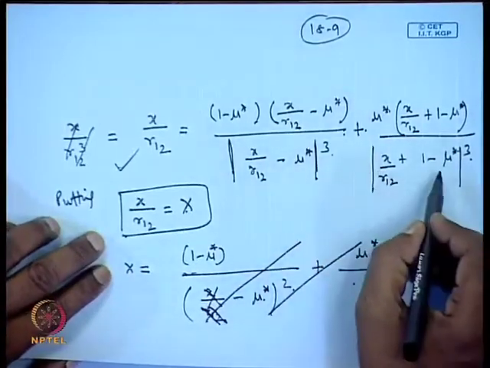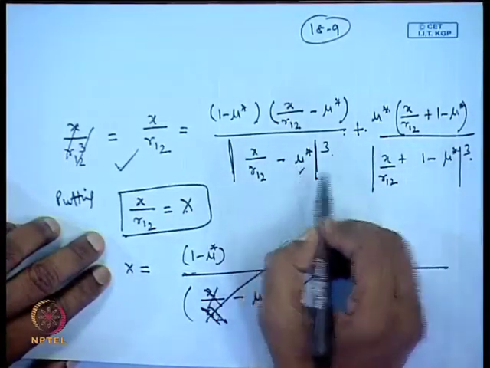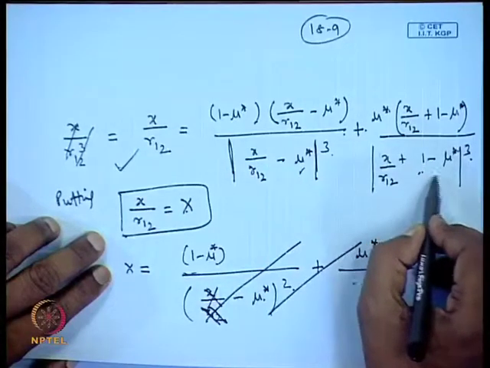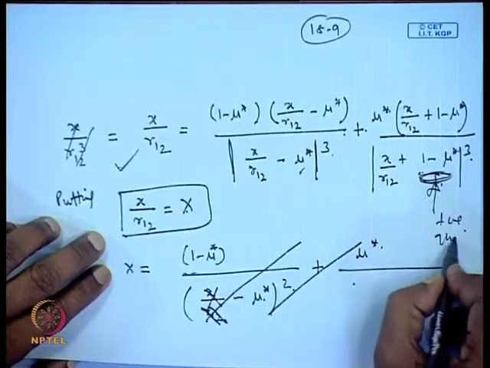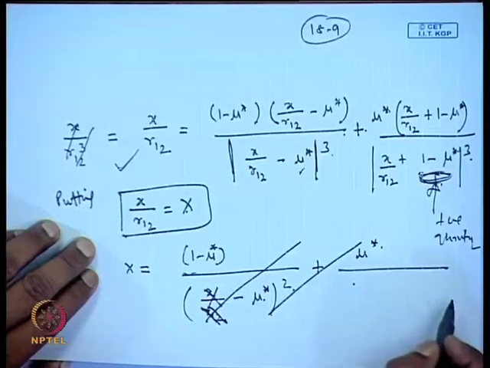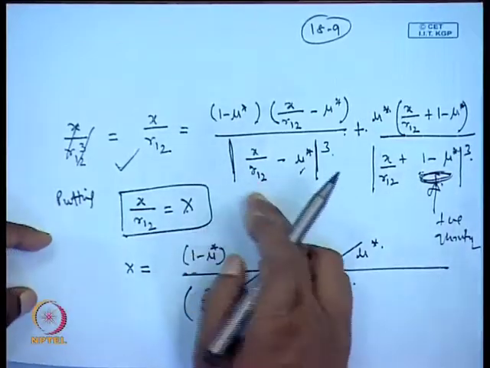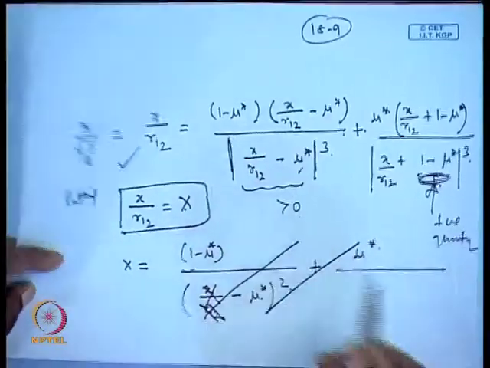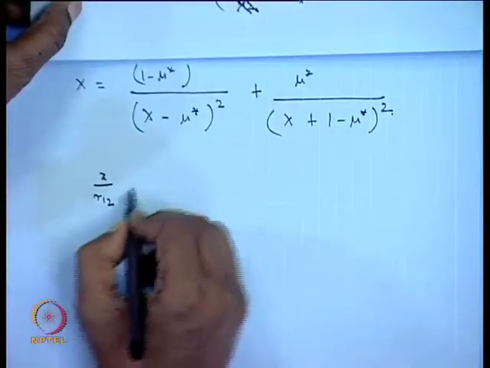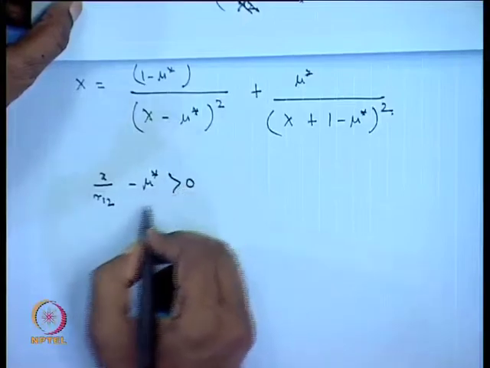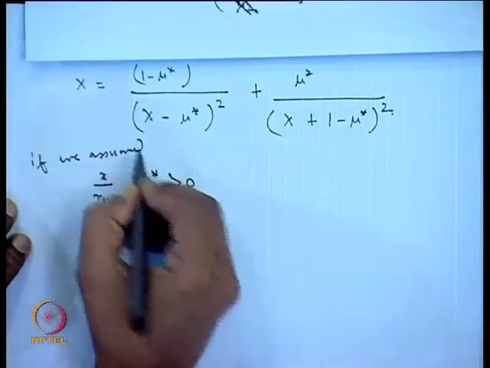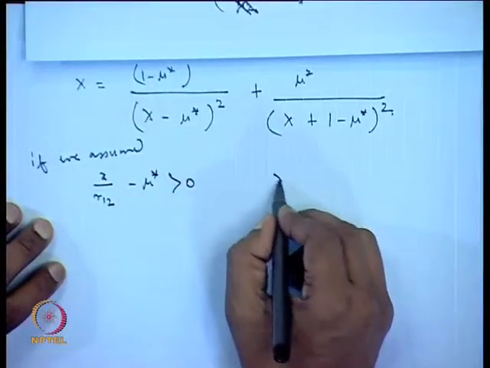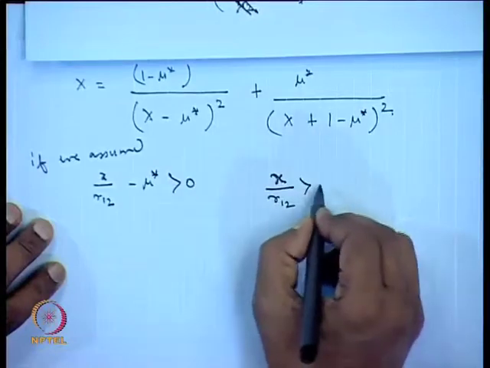So, remember that mu star is a positive quantity and 1 minus mu star is also a positive quantity. Okay. And what we are assuming here is that this quantity is greater than 0. So, see the implication of this. If we assume that x by r 1 2 minus mu star is greater than 0, okay, means x by r 1 2 is greater than mu star.